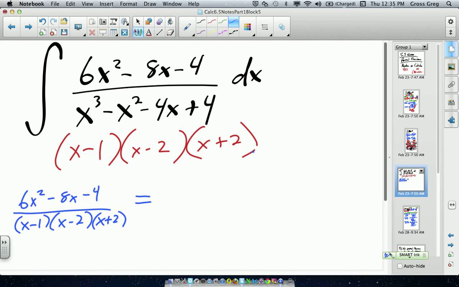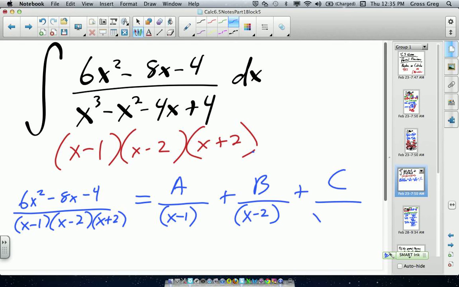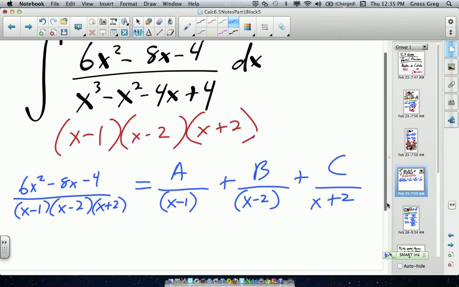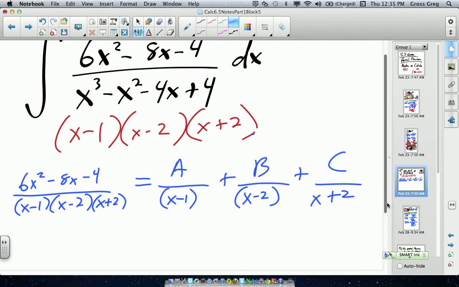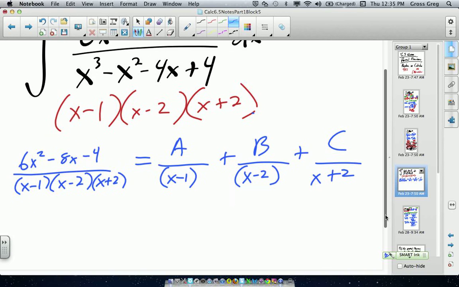And then set that equal to, we'll break this up into its parts: a over x minus 1 plus b over x minus 2 plus c over x plus 2. And the task then becomes to figure out what a, b, and c are to break up the complex fraction into 3 smaller partial fractions.